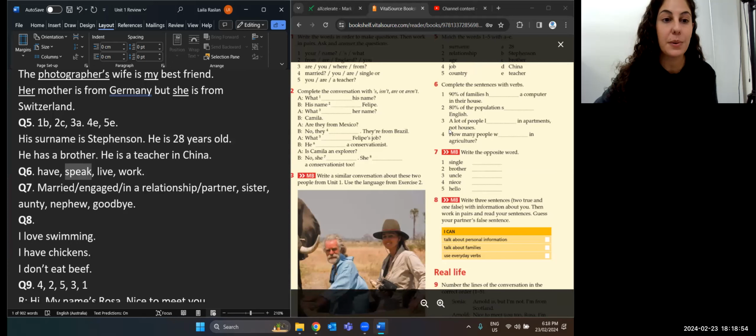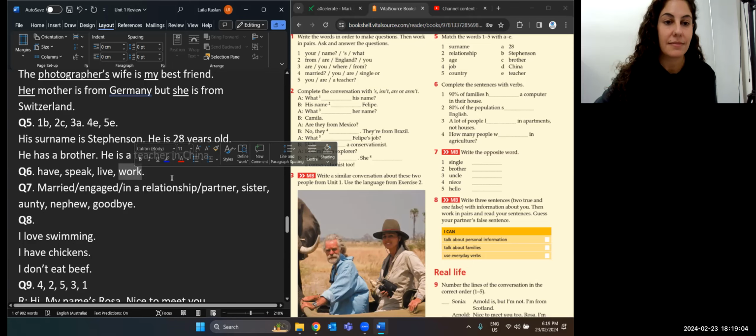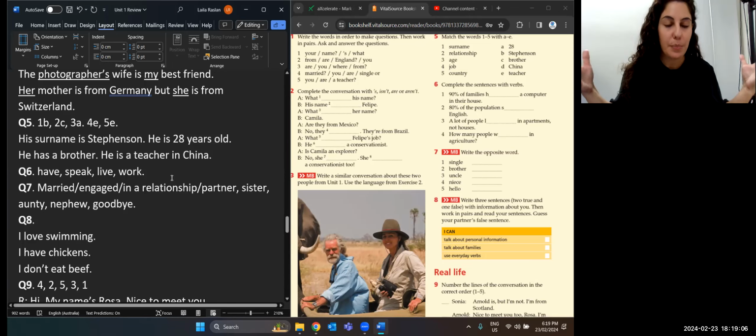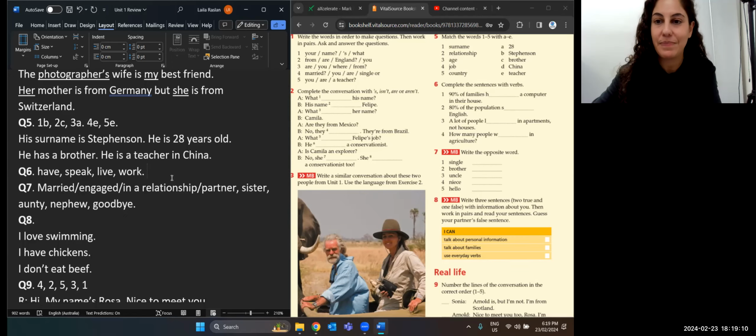A lot of people live in apartments, not houses. Question, how many people work in agriculture? Okay, so really simple, present simple actions that we have right there.